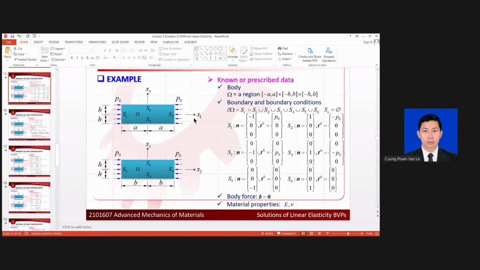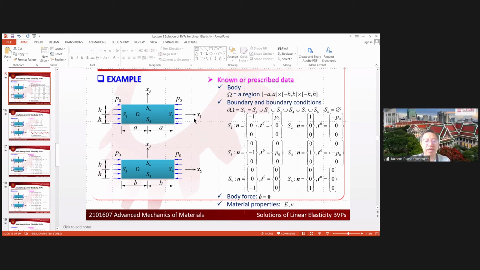But the body experiences rigid body motion, because you hold the body and you move around. So now you introduce the rigid body motion to the body. So you can always add a rigid body motion part into the displacement field without changing strain and stress. In that aspect we can say that the displacement is not unique for this case.